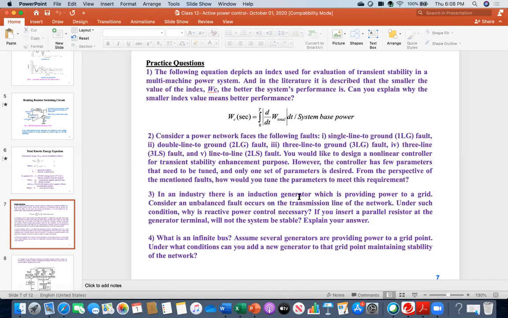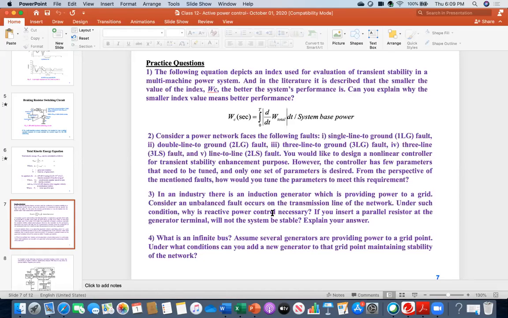Because this is the induction generator, irrespective of the fault, always it is drawing reactive power from the system to produce its magnetization. And in addition, it does not have AVR governor or anything. So during fault situation, it goes much worse. Its voltage goes much lower. Voltage collapse might happen. That's why reactive support is needed.